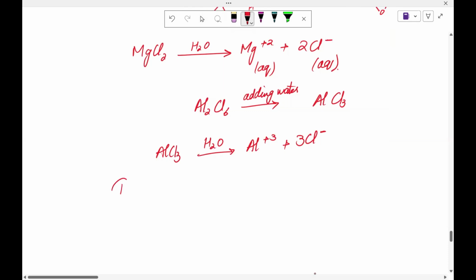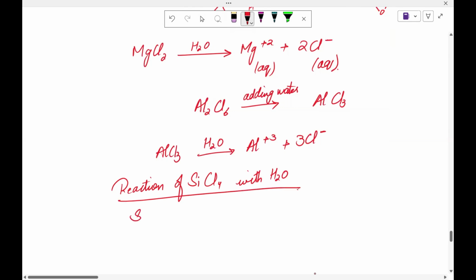So now let's move towards the reaction of SiCl4 with water. SiCl4 is going to react with water, forming SiO2 plus 4HCl. I'm going to put 2 here. SiCl4 is in liquid state, we have discussed already that it exists in the liquid state.